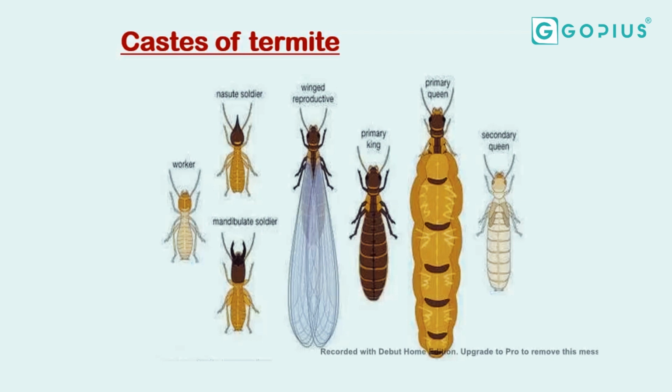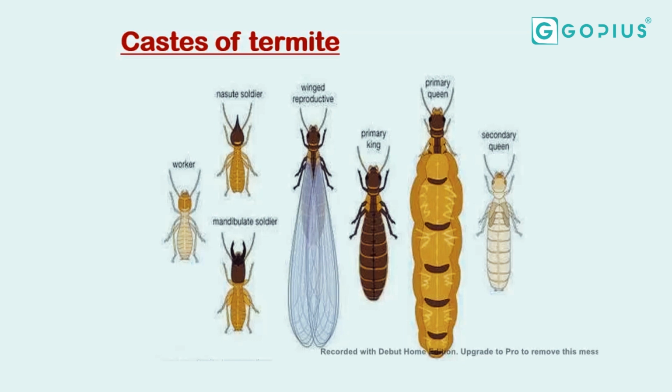Now you'll be wondering, how did this come about? It basically started like this. The queen and the king were once reproductive insects. They were once in the caste of the reproductives. So there's what we call nuptial flight.